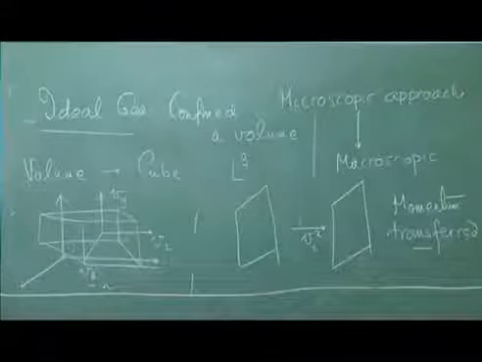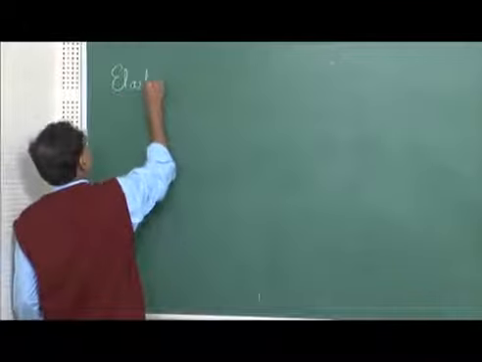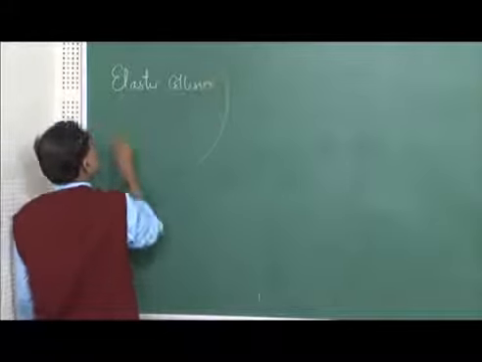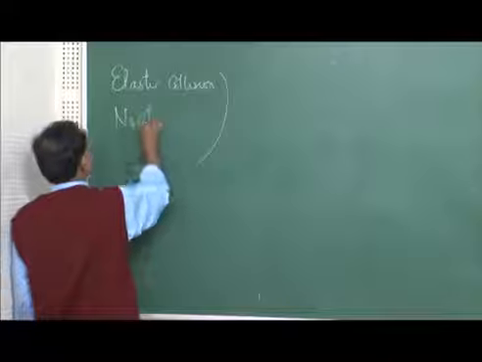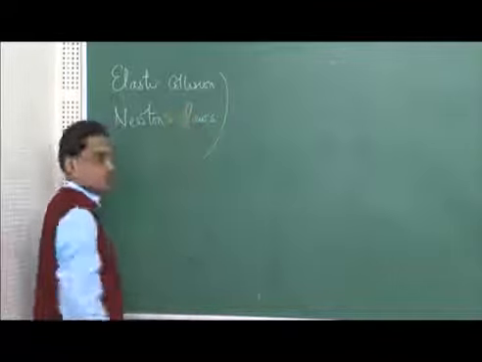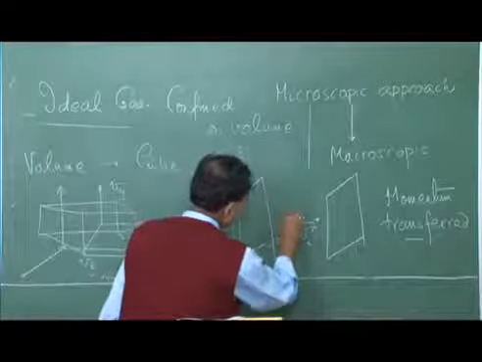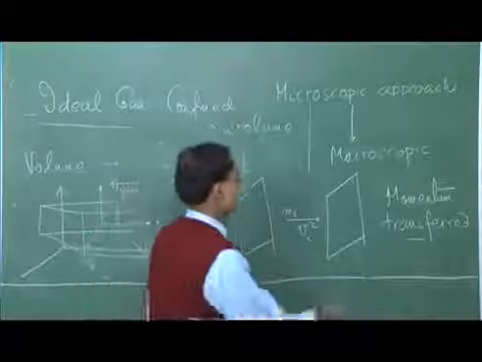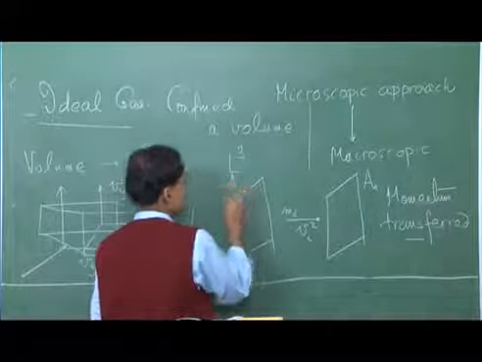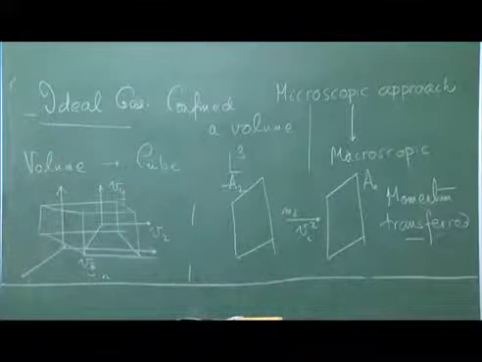I will use elastic collision, and of course, as I said, everything will be done within the framework of Newton's laws. Now, this particle of mass Mi goes and hits this face of the cube, let me call it A1, and the other A2, it gets elastically collided and comes back.